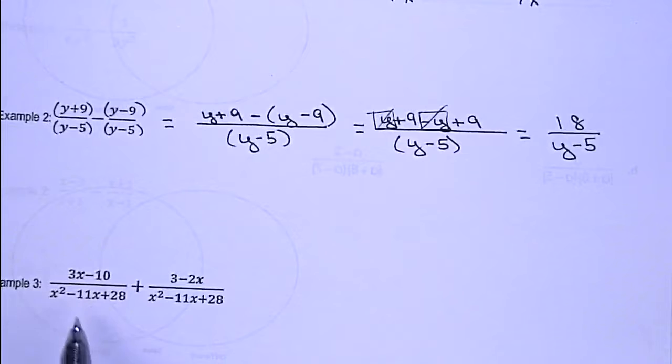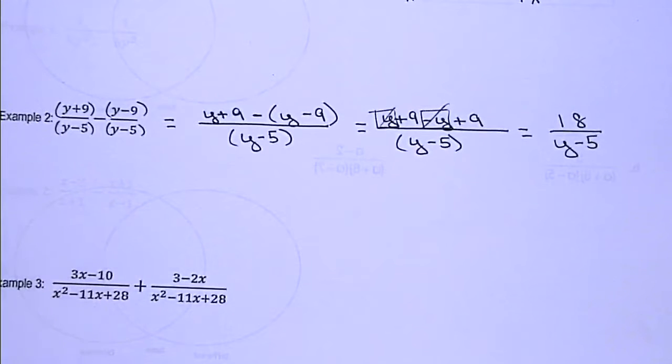Next, this one, same denominator, right? So you're going to add those numerators. Now this time you don't have to put this one in parentheses, because you're distributing a positive, and distributing a positive doesn't change anything. So you can just go ahead and add the numerators, and then you must try to factor that denominator, okay? Because it might reduce some more. Go ahead and do it.